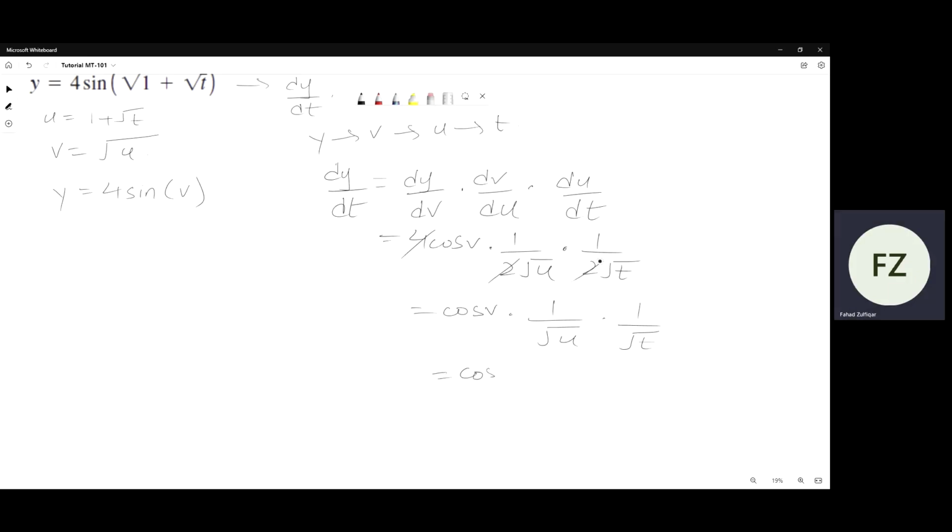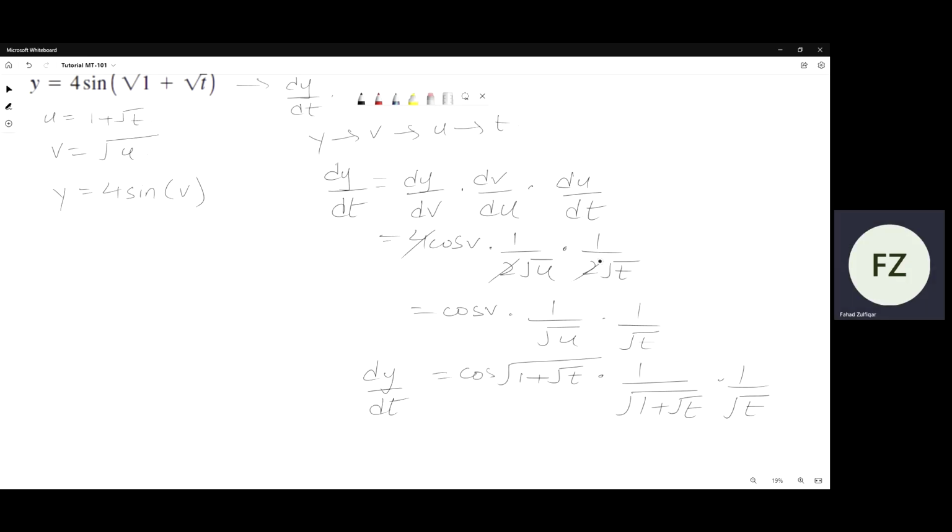So cos v becomes cos of under root of 1 plus under root t dot, what is 1 by under root u? 1 by under root u is actually 1 divided by under root of 1 plus under root t, and this is being multiplied with 1 by under root t. So this is actually dy by dt.